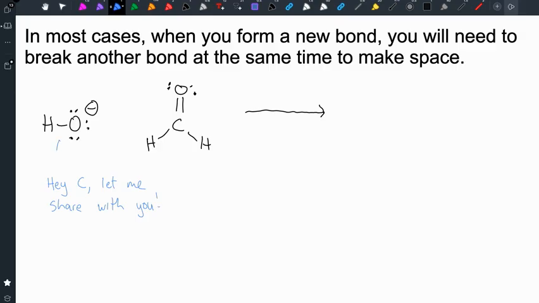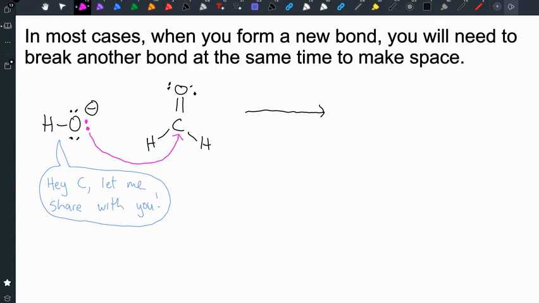Right? So, same voice bubble that I did before. And again, you're not going to be drawing voice bubbles, but I'm giving you my thought process. So, oxygen decides, okay, I'm going to share a lone pair with this carbon over here.